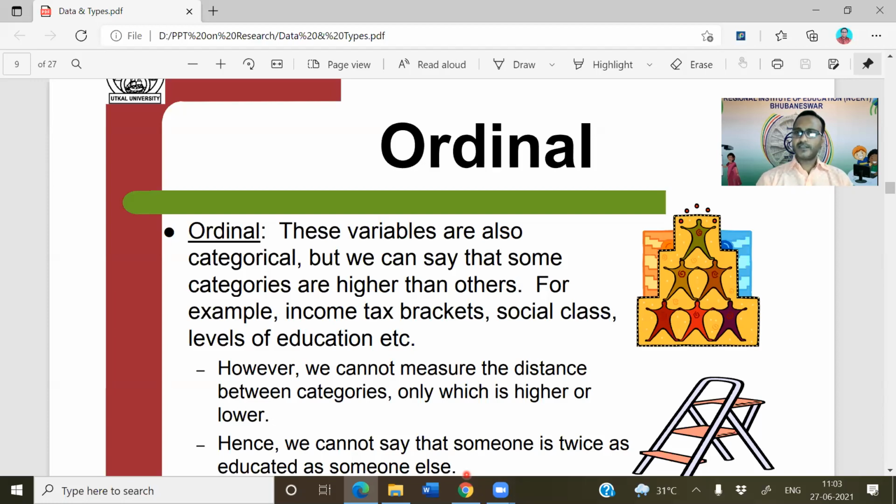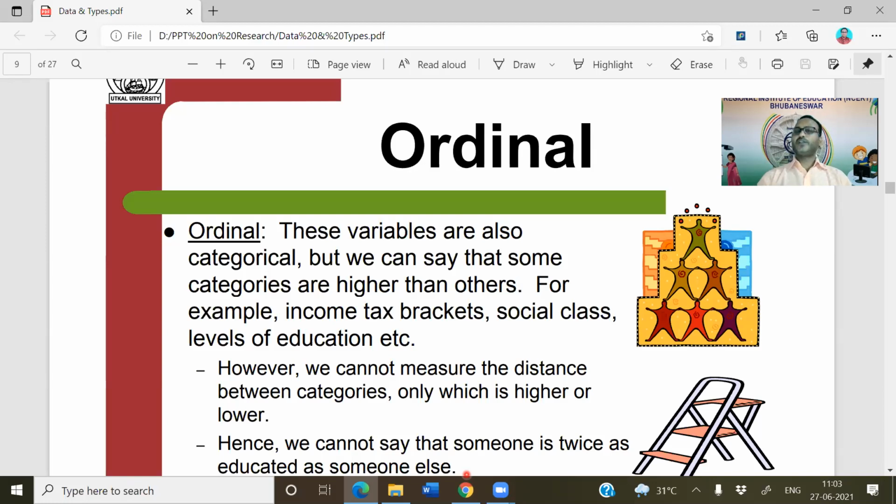We order first, second, third. Here is an order. What does it indicate? First means you are best, you are better than second. Third means you are in third position, you are less than the second position and the first position. Here some kind of quantification has started.